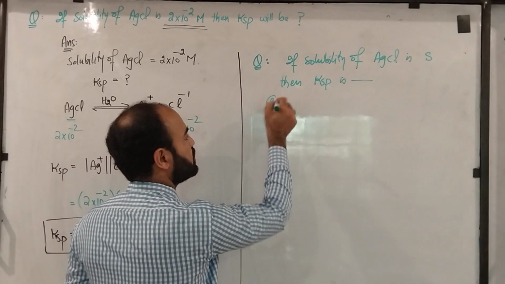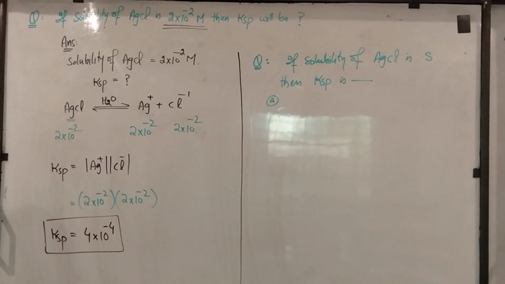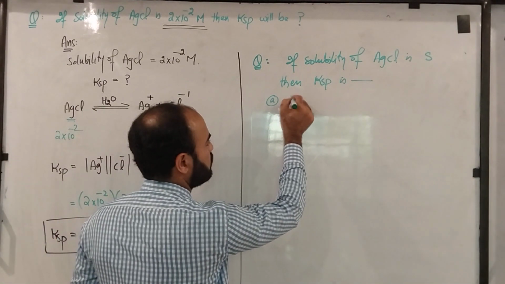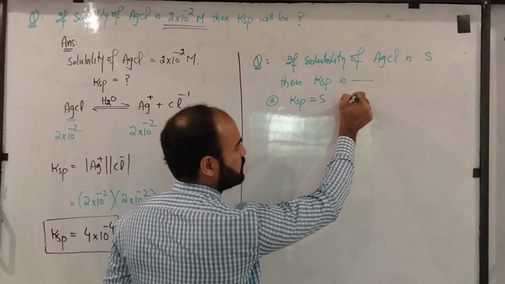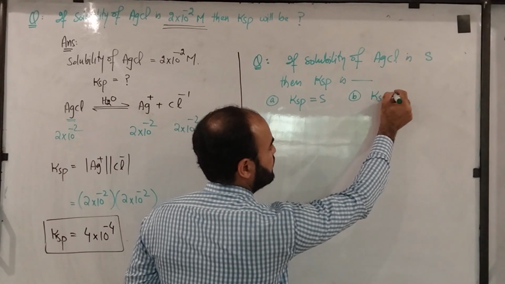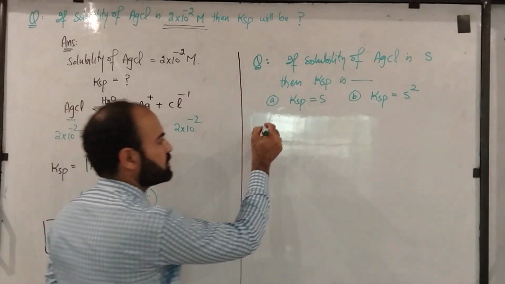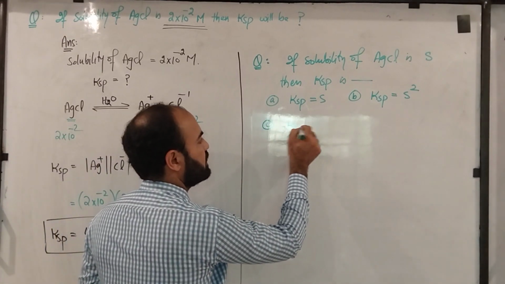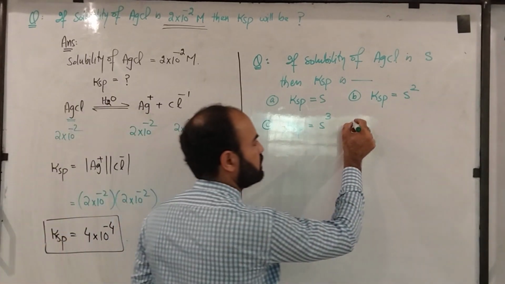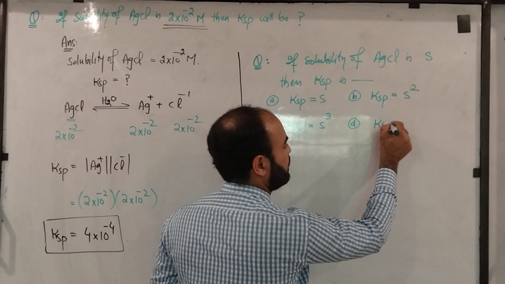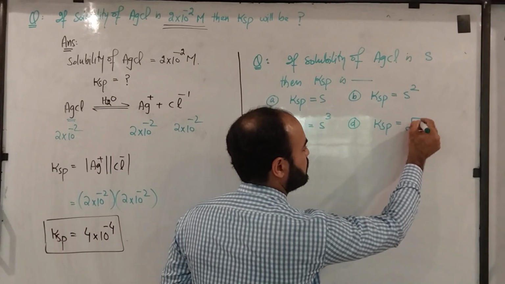I will write this as an MCQ because definitely in the board paper you will face such types of questions. Let for example, the KSP of this one will be equal to S. Is it clear? Okay, the second option I add here is that KSP is equal to S square. A third option I add here is that KSP is equal to S power 3. Or a fourth option, that KSP for this one is equal to, let for example, the square root of S.